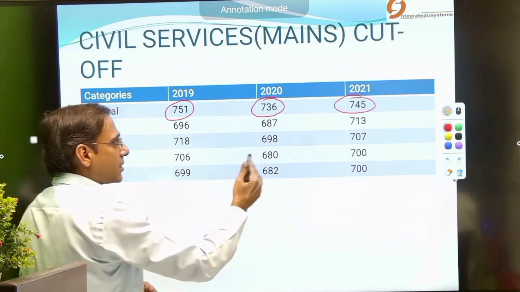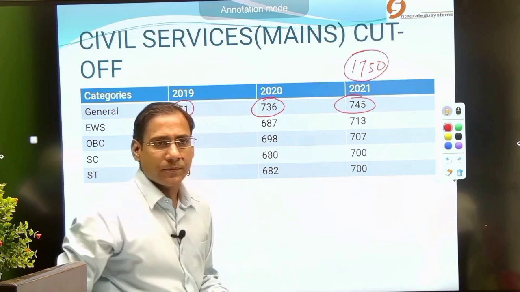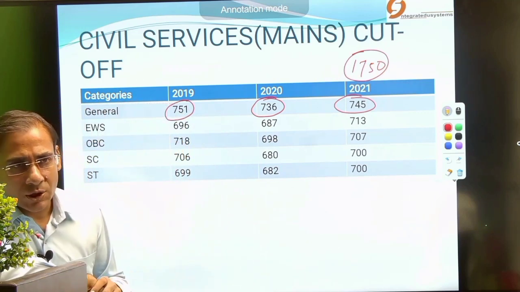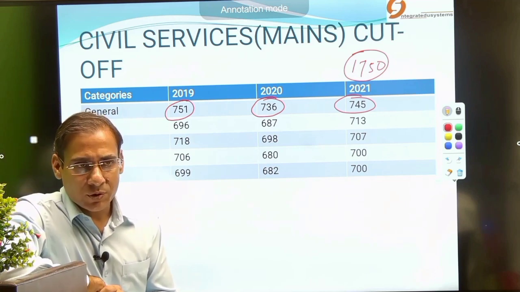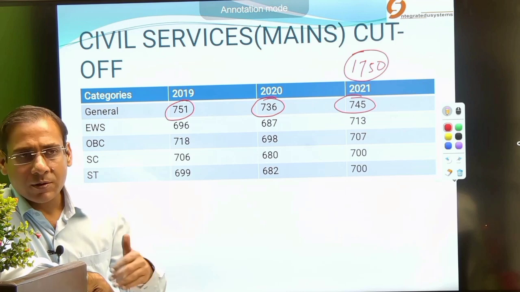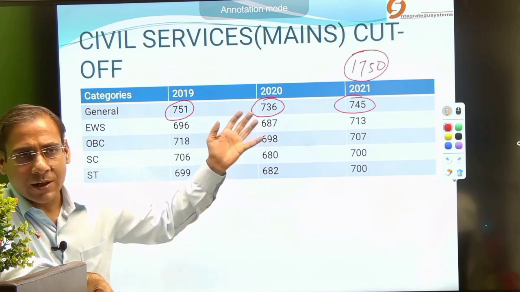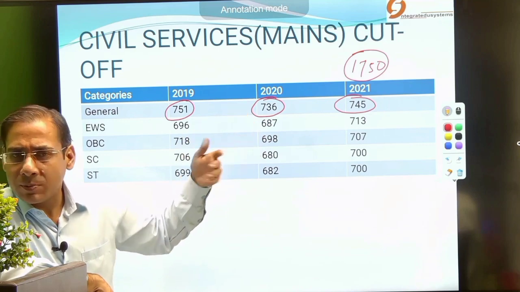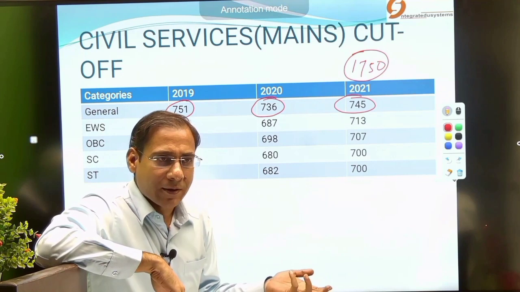Mains is out of 1750 marks, which include the essay paper, 4 GS papers, and 2 optional papers, which set your merit. This cutoff is decided based on that, not on the language papers or English, because those are qualifying in nature, as I have said earlier.